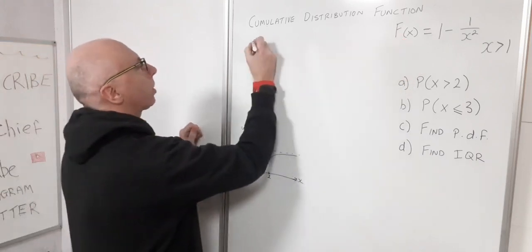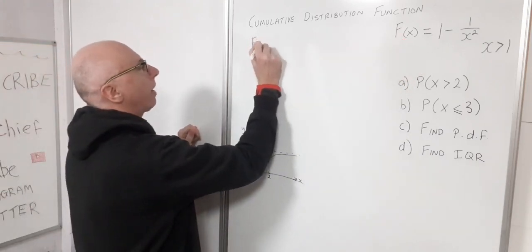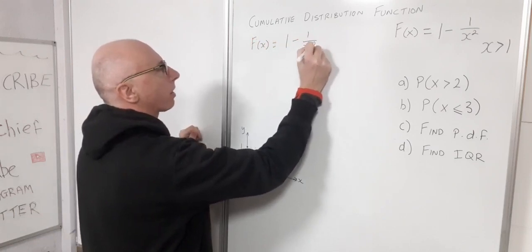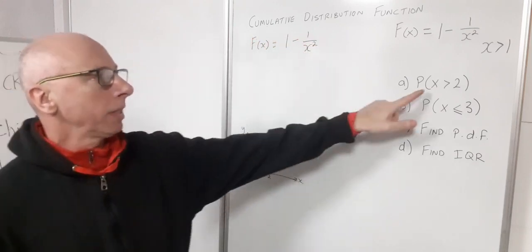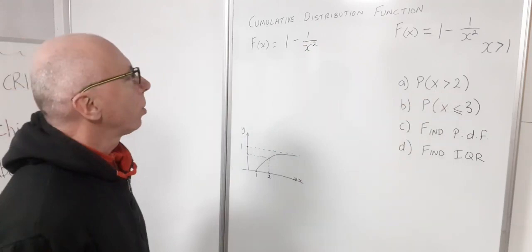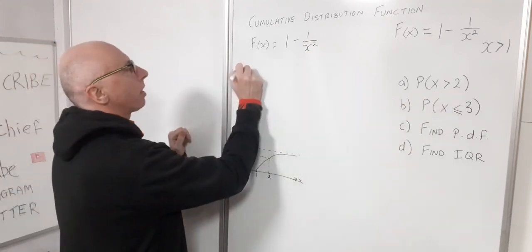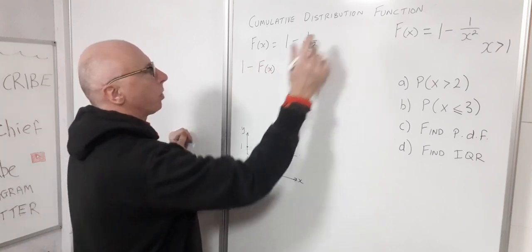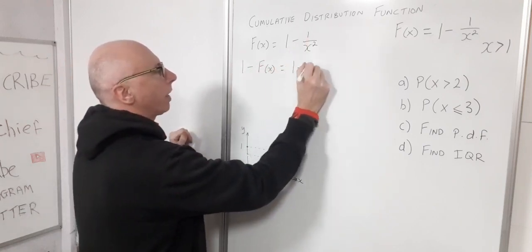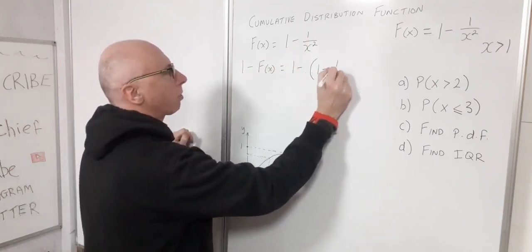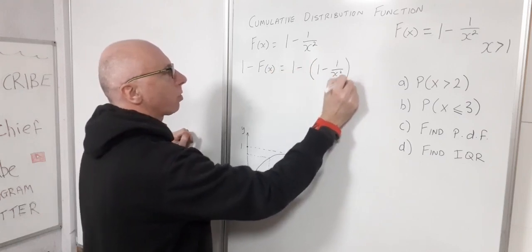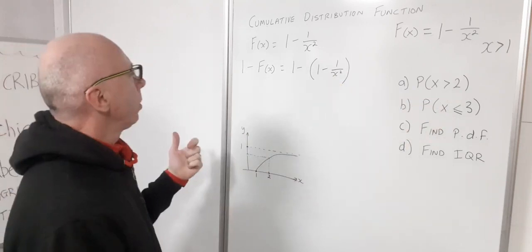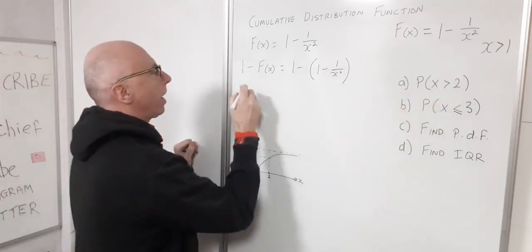So our function here, the cumulative distribution function, F of x equals 1 minus 1 over x squared. So for the probability x is greater than 2, what we need is 1 minus our cumulative distribution function, which is 1 minus 1 over x squared. And now we just need to plug in 2 for our x's.